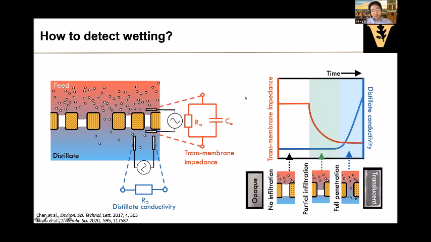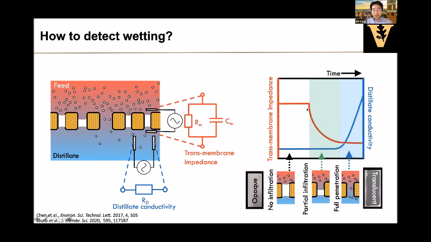So more recently, people developed two methods, one from our group and the other from a European group. One method is based on impedance spectroscopy. Basically, we're measuring the impedance across the membrane. Even though the gap is not conductive, it serves as a capacitor, whose impedance you can actually measure under AC voltage.